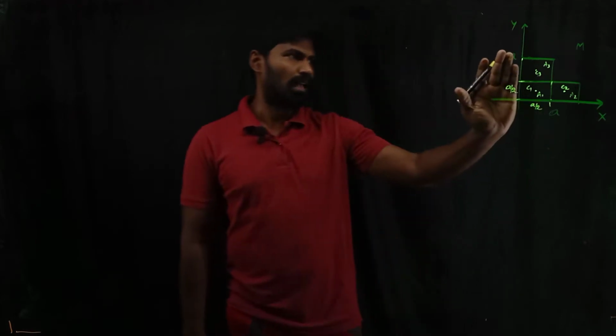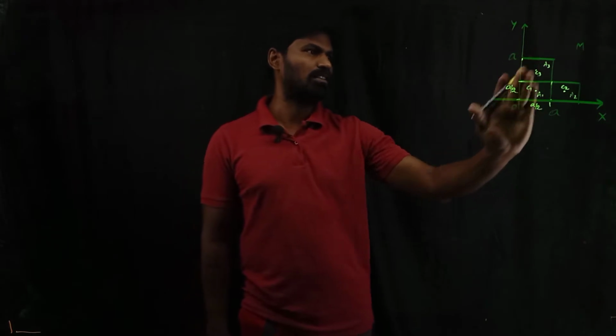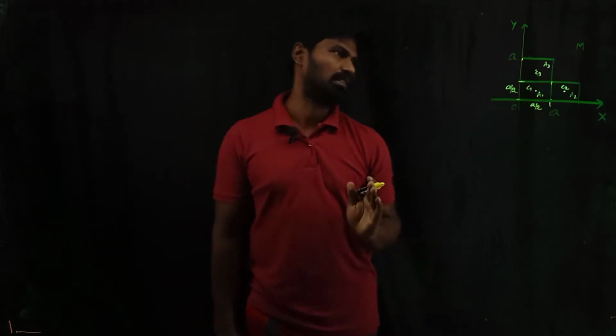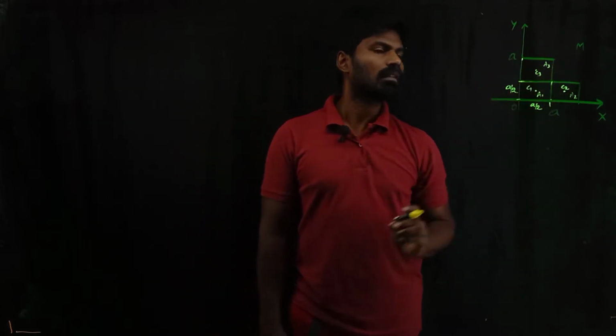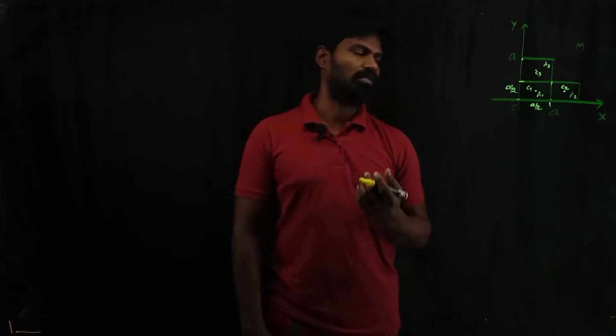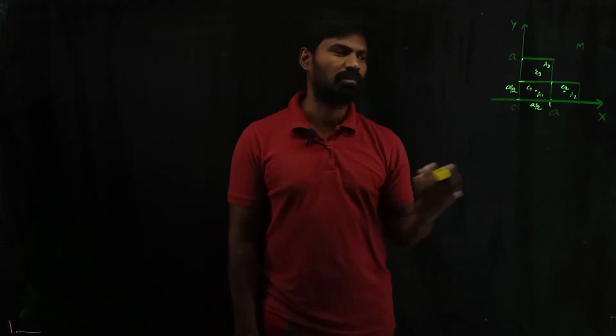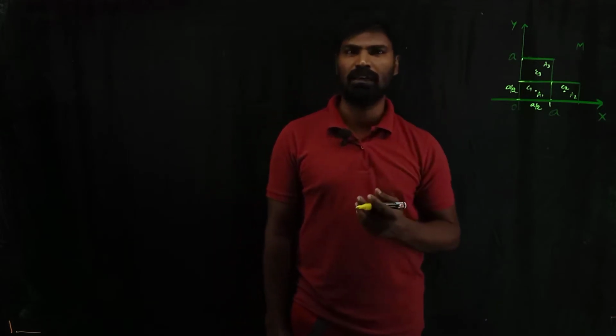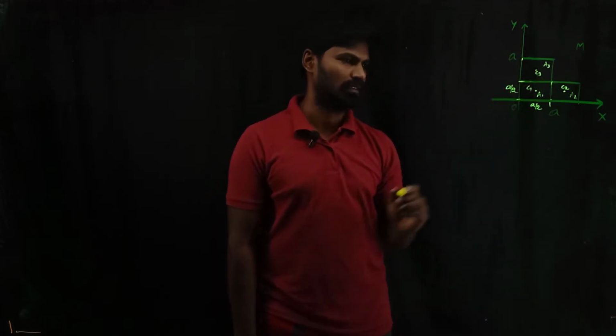As long as the density of all these plates is the same, uniform density, and the mass is also the same, what is the alternate way? Instead of taking m1 x1 and doing integration, we can solve it like this.